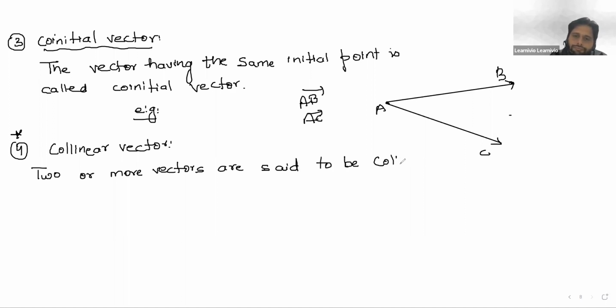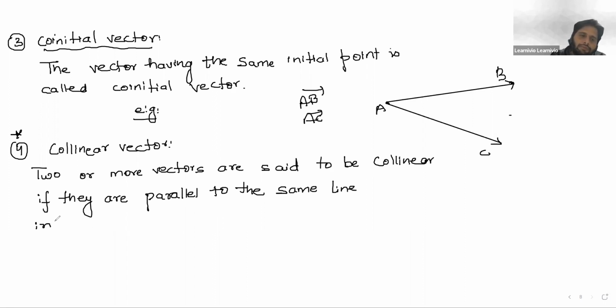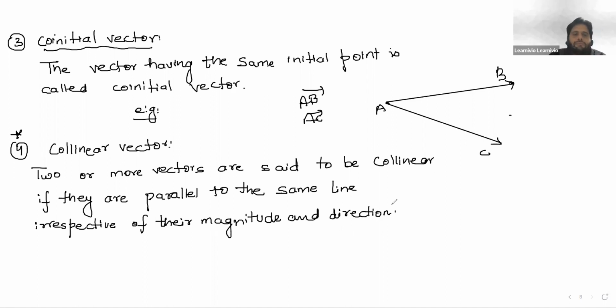Two or more vectors are said to be collinear if they are parallel to the same line, irrespective of their magnitude and direction.